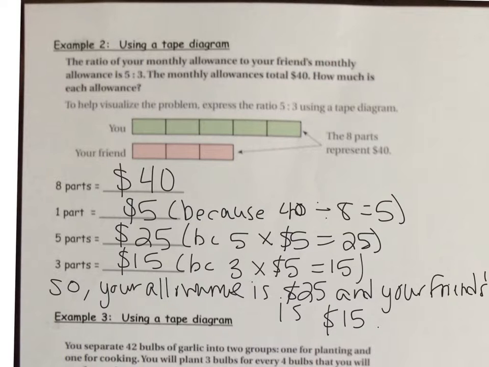And we know that because remember the total monthly allowance is $40. 25 plus 15 equals a total of 40, and it represents this part-to-part relationship of 5:3. 5, 10, 15, 20, 25. 25 to 15, or 5:3.